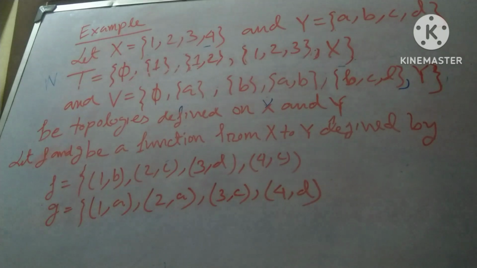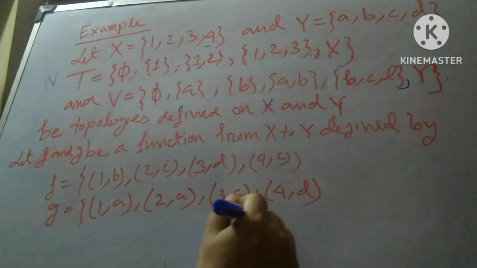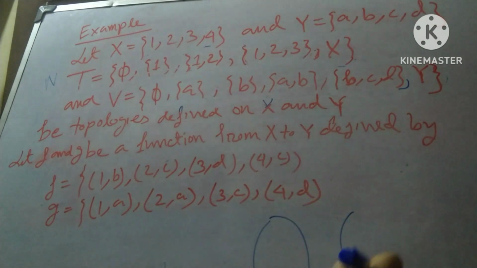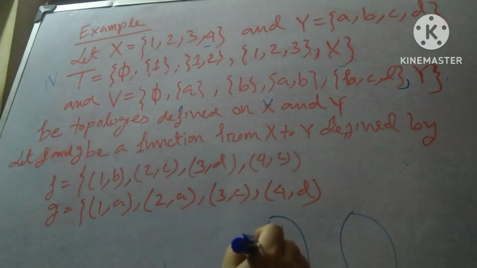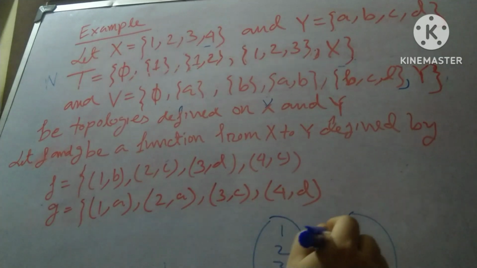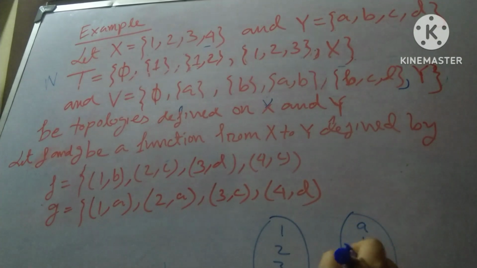Before this, I will tell one theorem, and I will also write this theorem after this problem: a function f from (X, T) to (Y, V) is continuous if and only if the inverse image of every V open set is a T open set. So for the first question, I have already drawn 1, 2, 3, 4 and a, b, c, d.